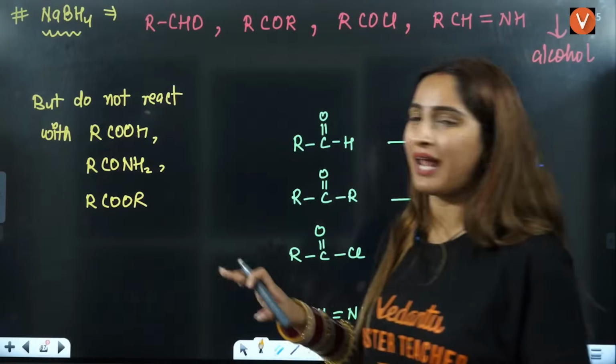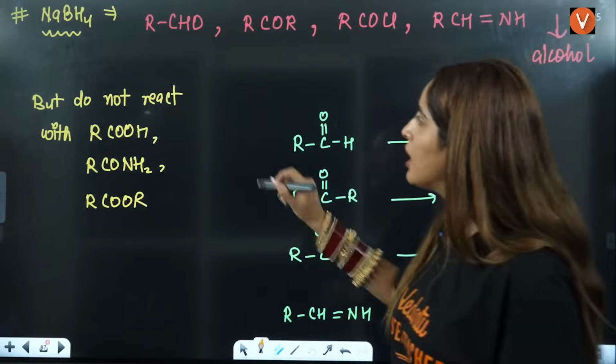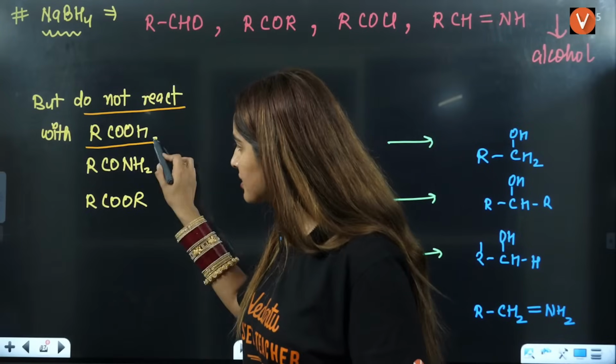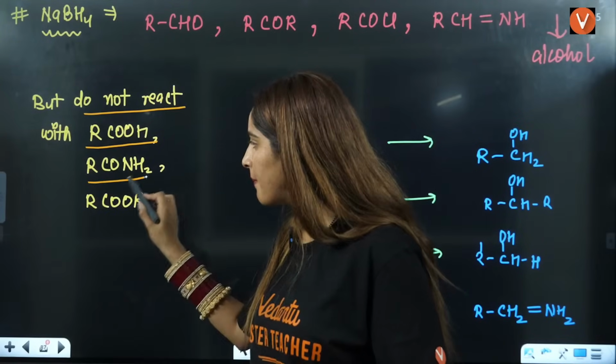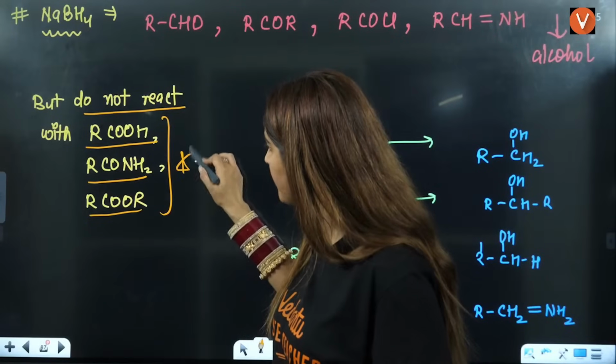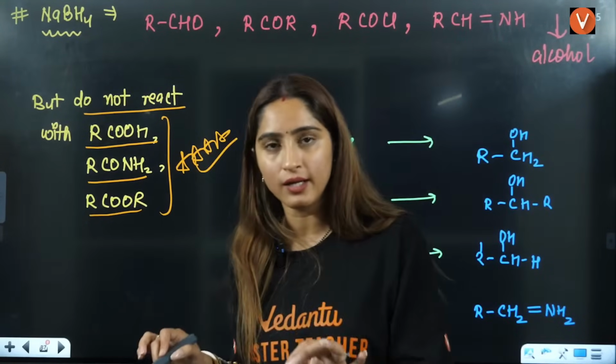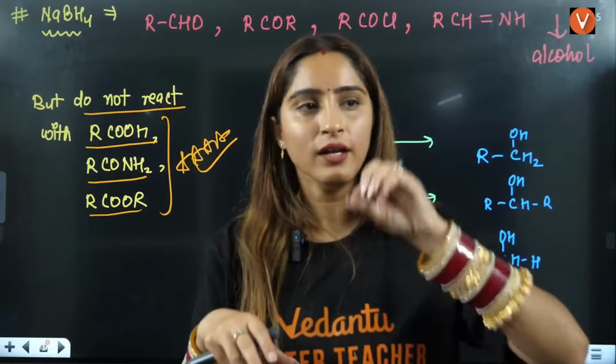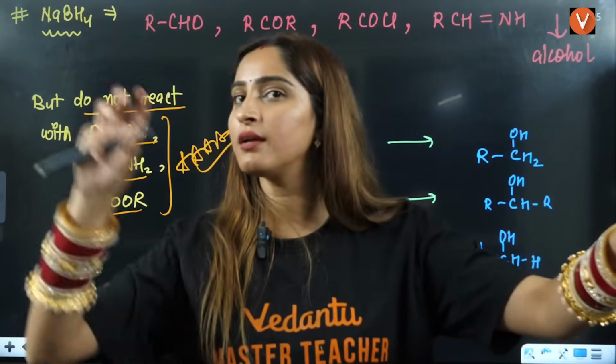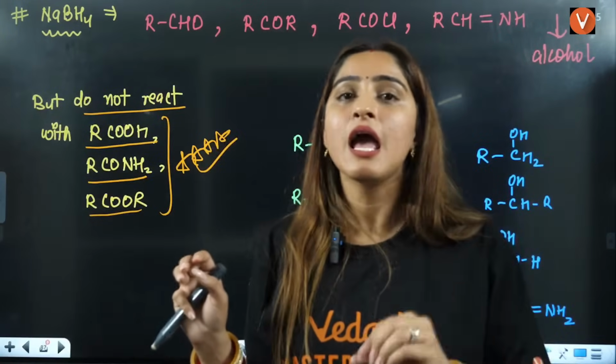Next is NaBH4, very important. It does not react with acid, amide or ester. This is a very important point, because they ask you questions from here: you are given a reactant, LiAlH4, what is the answer? NaBH4, what is the answer?